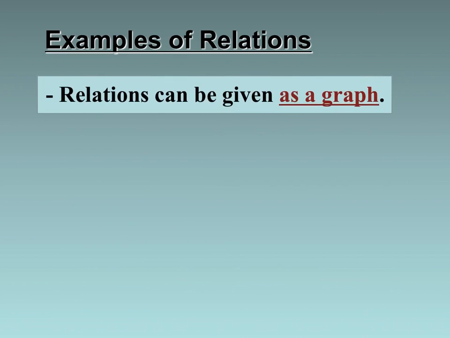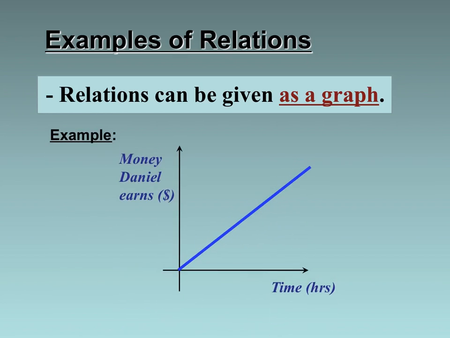Okay. You can also see a relation as a graph. Look at this here. This is a relation because there's two things that are changing here, two unknown quantities, two variables, and there's a relation between them. This example here, as the number of hours goes up, the total money that Daniel earns also goes up, right?